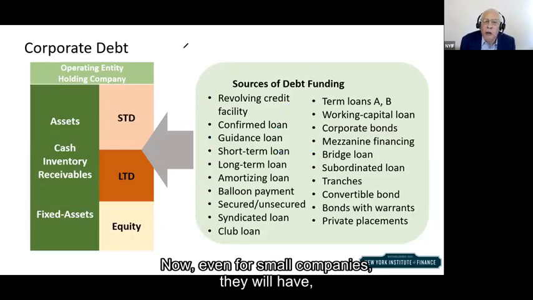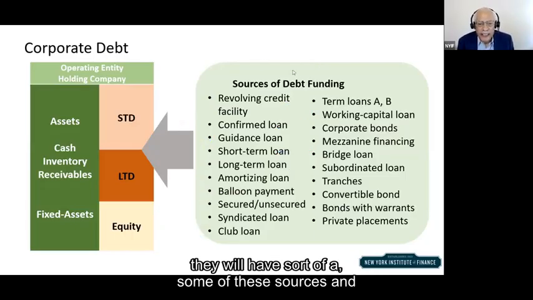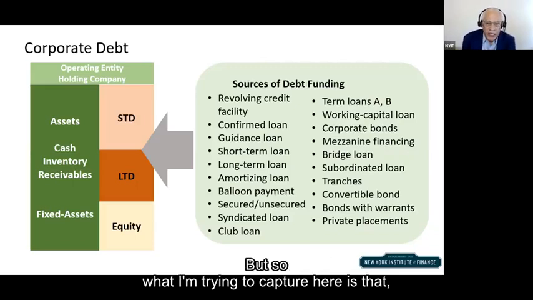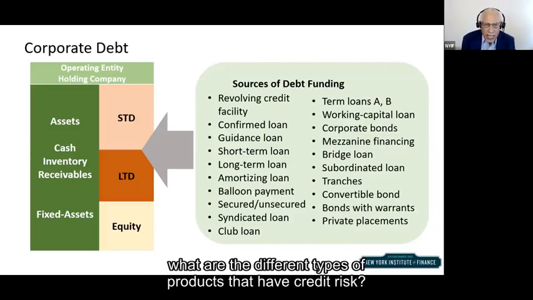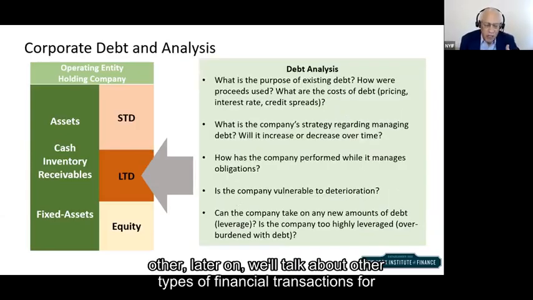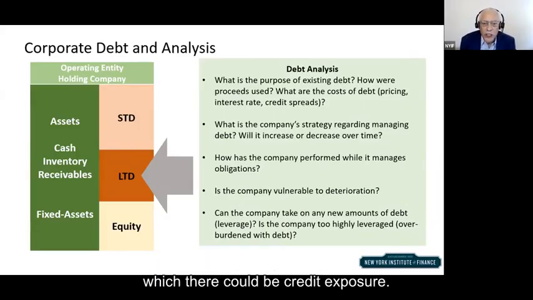Even small companies will have some of these sources: a revolving credit facility, a working capital facility, and maybe a term loan. What I'm trying to capture here is the different types of products that have credit risk. A lot of these are loan products, and I'm focused on loans later. Later on, we'll talk about other types of financial transactions for which there could be credit exposure.